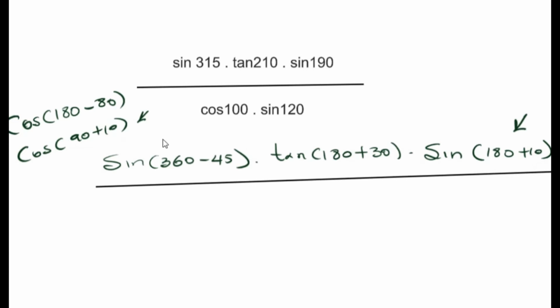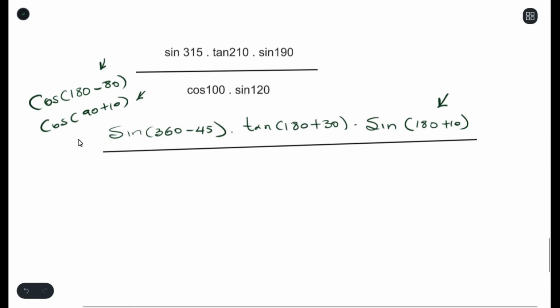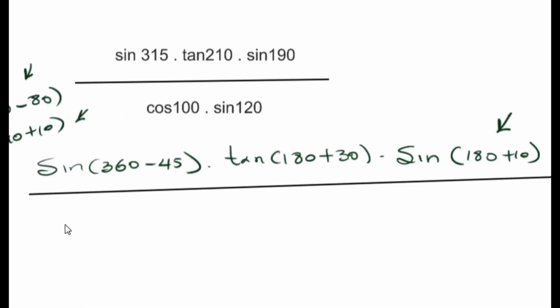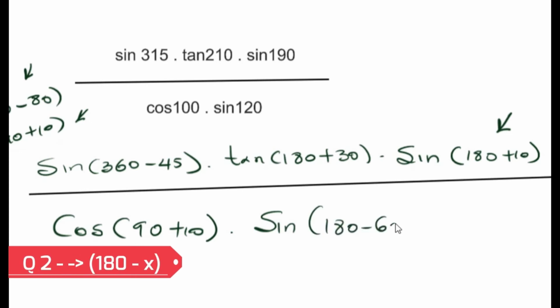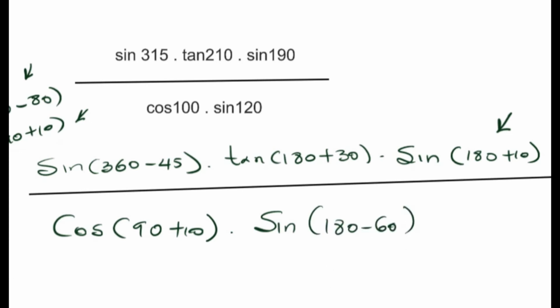If I write 90 plus 10, I will be able to change cos into sine, which will help my next step, which can actually cross cancel. Yeah, because sine 10 and sine 10 would be able to cancel themselves out. I'm going to write it as this, and this here is, because 120 is in the second quadrant.